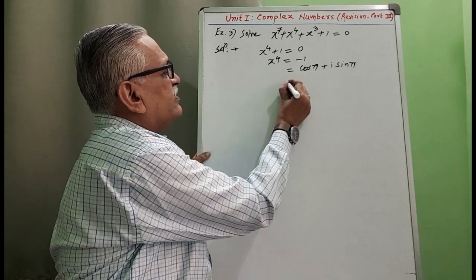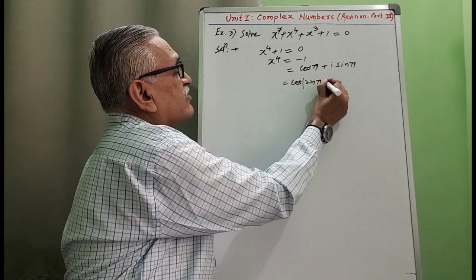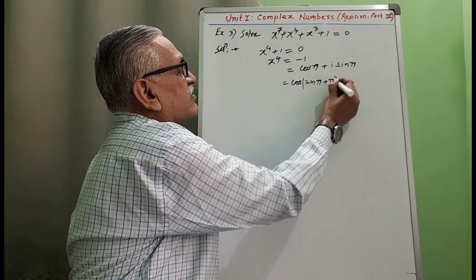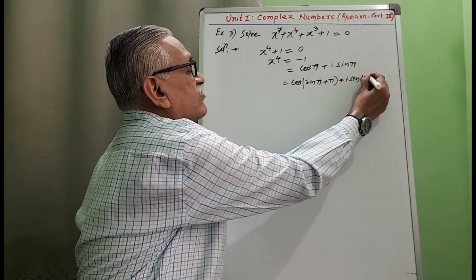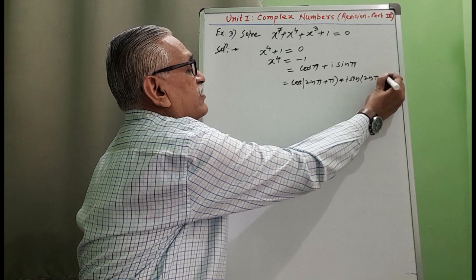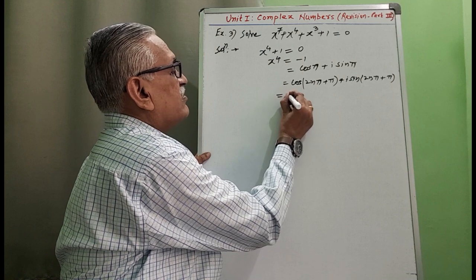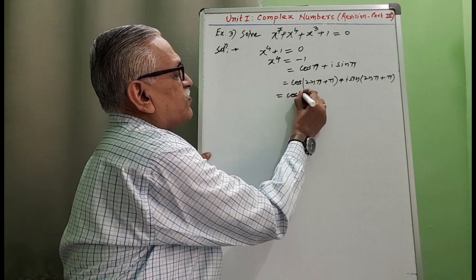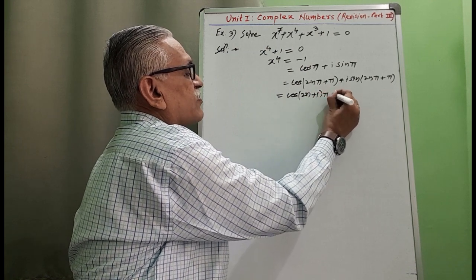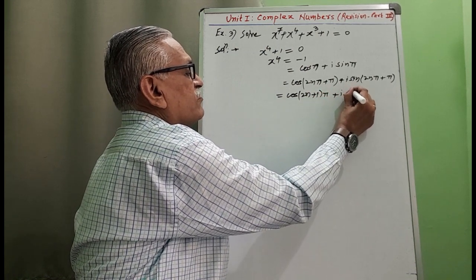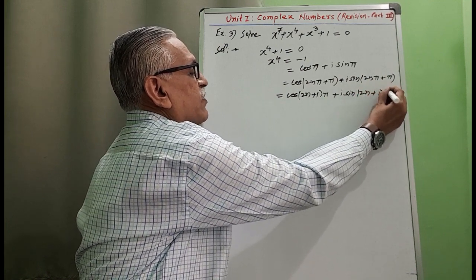Then converting in general polar form, this is nothing but cos(2nπ + π) plus i times sine of (2nπ + π). Taking π common, we get cos of (2n + 1) times π plus i times sine of (2n + 1) times π.